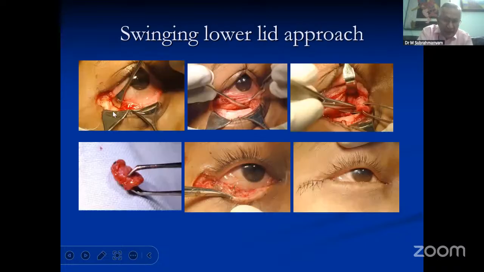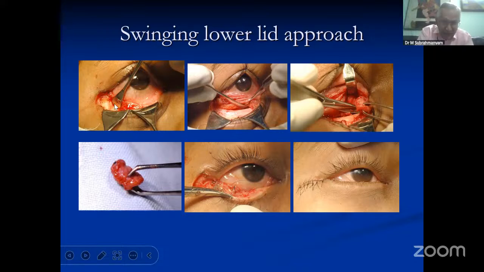Once the lateral canthal tendon is cut, you can identify the bone, and then you can separate the conjunctiva, incise the conjunctiva from the lower border of the tarsus and make a dissection in this plane. Anteriorly, you have the skin and the orbicularis oculi and the retractors. Here you have conjunctiva.